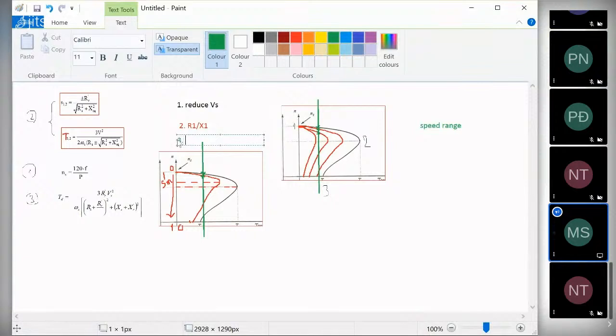In the third method, you can change the rotor resistance. Rotor resistance refers to the stator winding. In this case, we do not consider the rotor reactance. Okay, do you remember?